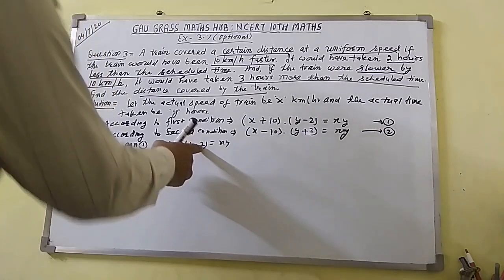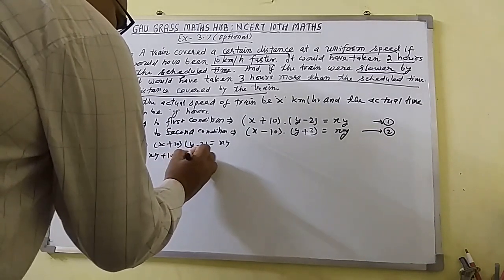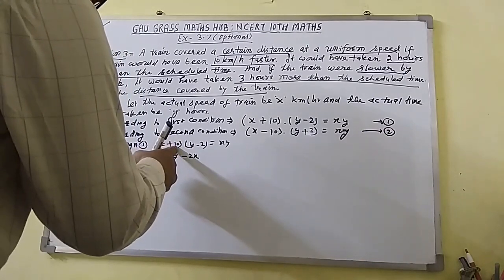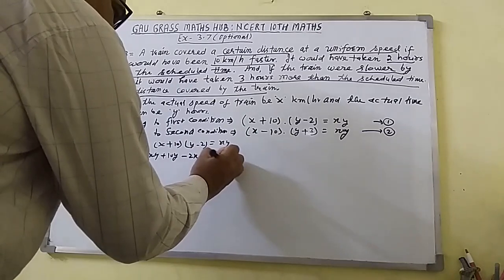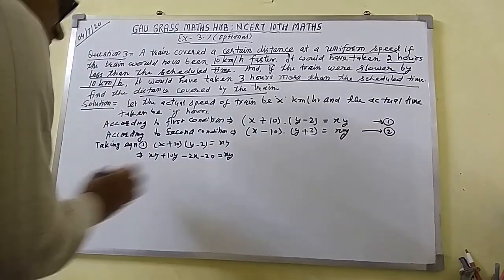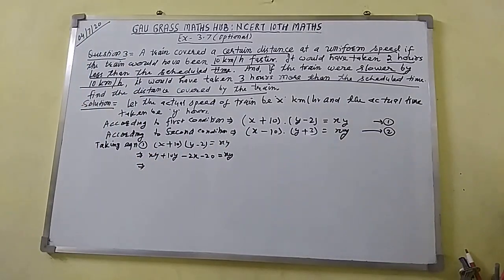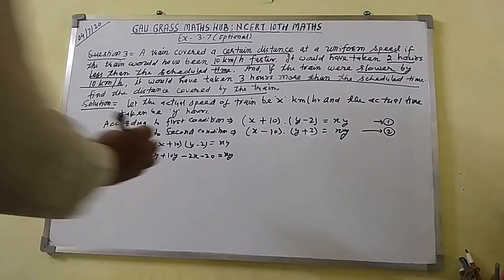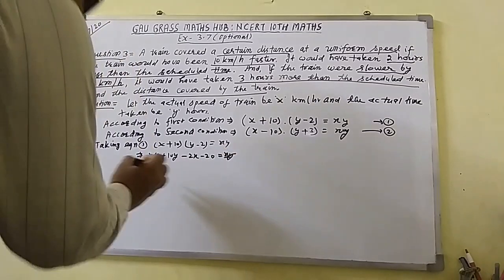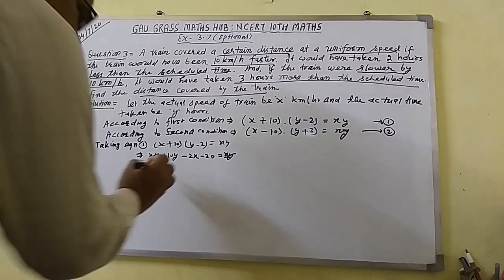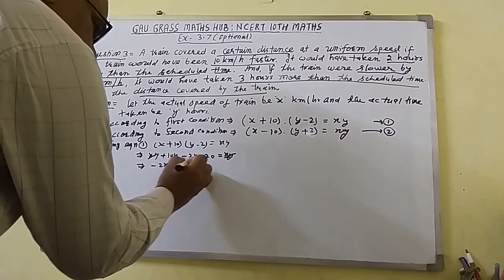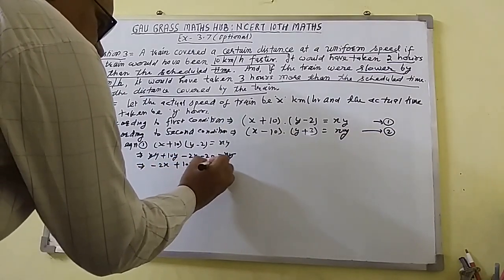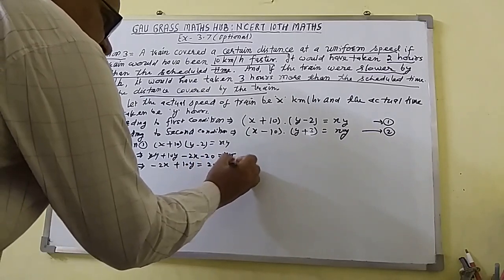After that, minus 2 will multiply to x, this will become minus 2x, and plus 10 will multiply to minus 2, it will become minus 20, equal to xy. Now you can see in the left hand side xy is there, in the right hand side also xy is there. Both will be cancelled together. This will become minus 2x plus 10y equal to 20. This will become equation number 1.